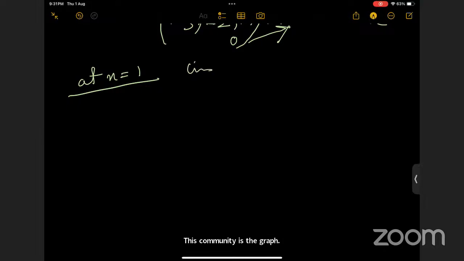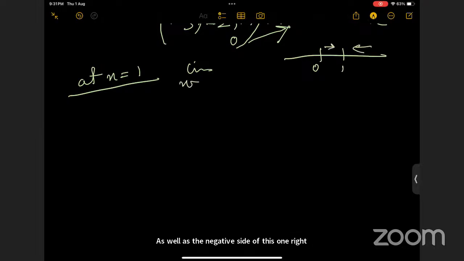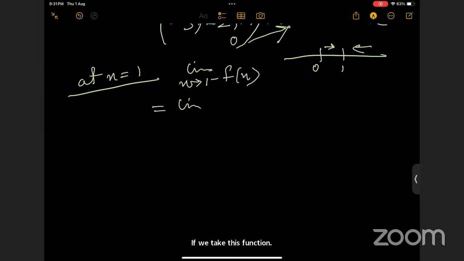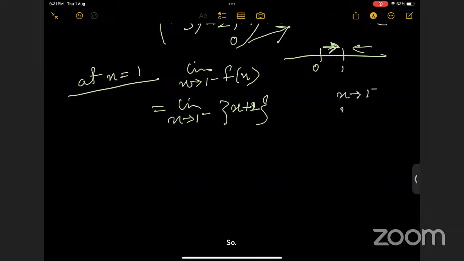We can take the positive as well as the negative side of this point, right? For this function, the limit as x tends to 1 minus, that means we're taking this approach, of x plus 2. Extending to 1 from the negative side, x plus 2 tends to 3 from the negative side, so the fractional part will be 1.